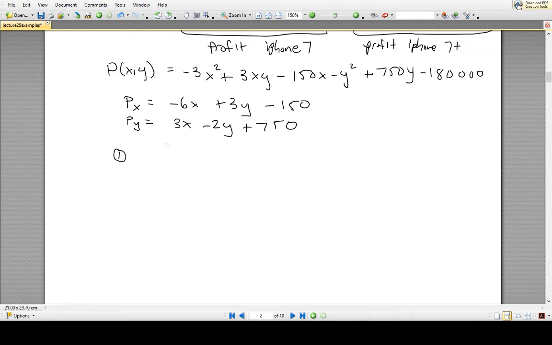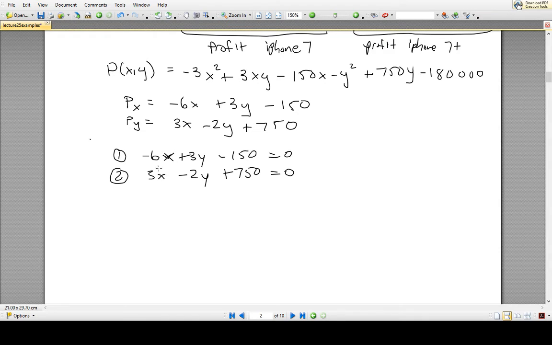So the first equation that I'm going to get is negative 6x plus 3y minus 150 equals 0. And the second equation I'm going to get is 3x minus 2y plus 750 equals 0. So now I have two equations and two unknowns, and all I need to do is solve this for the two unknowns, x and y.